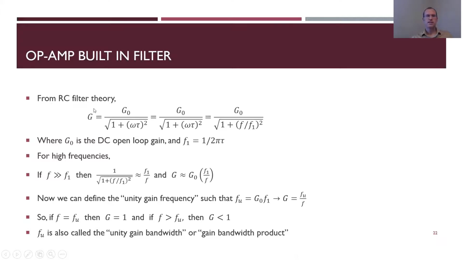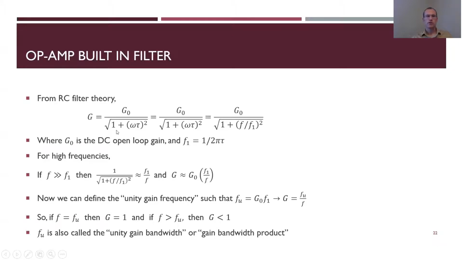So my AC gain is my DC gain, G0, divided by the same factor, the square root of 1 plus omega tau squared, which is the same thing as 1 plus F over F1 squared, where F1 is your characteristic frequency based on that time constant, 1 over 2 pi tau.